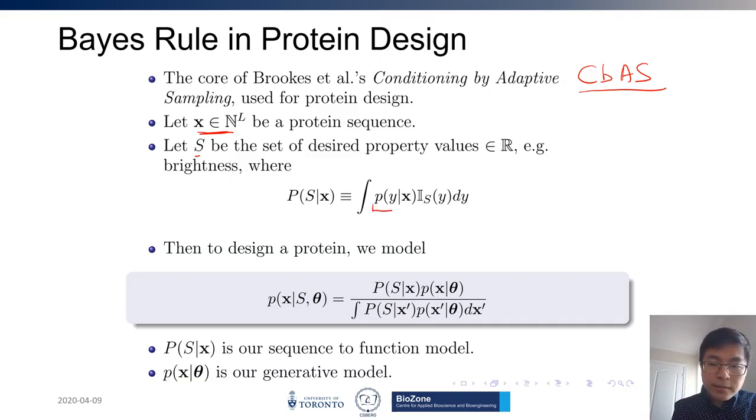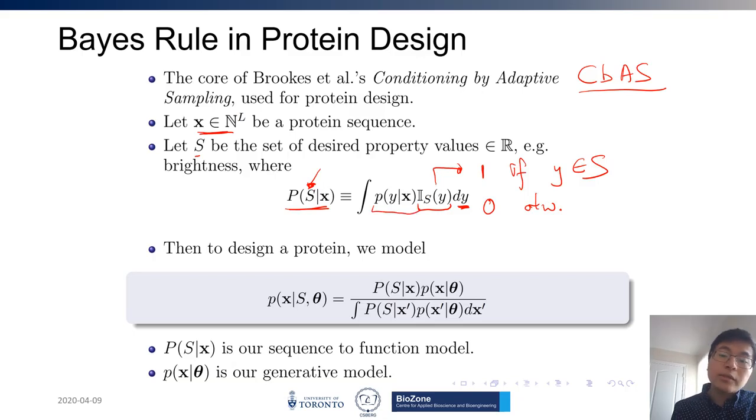And for P of S given X, since S is a set, we're going to integrate over all the property values and only include those that fall into that set S. So this is an indicator function where it's 1 if y is in S and it's 0 otherwise. So this particular term is only added to that integral if your property value falls into the desired set S.